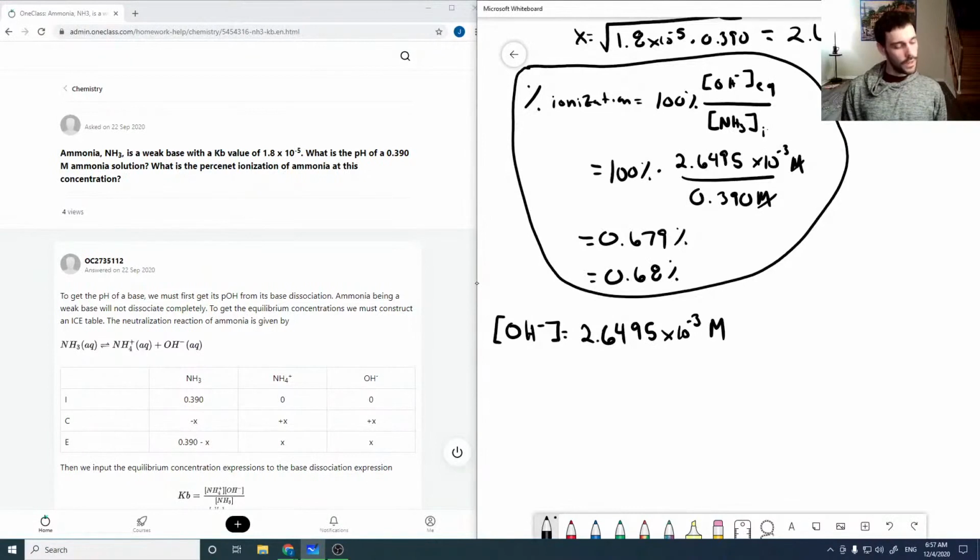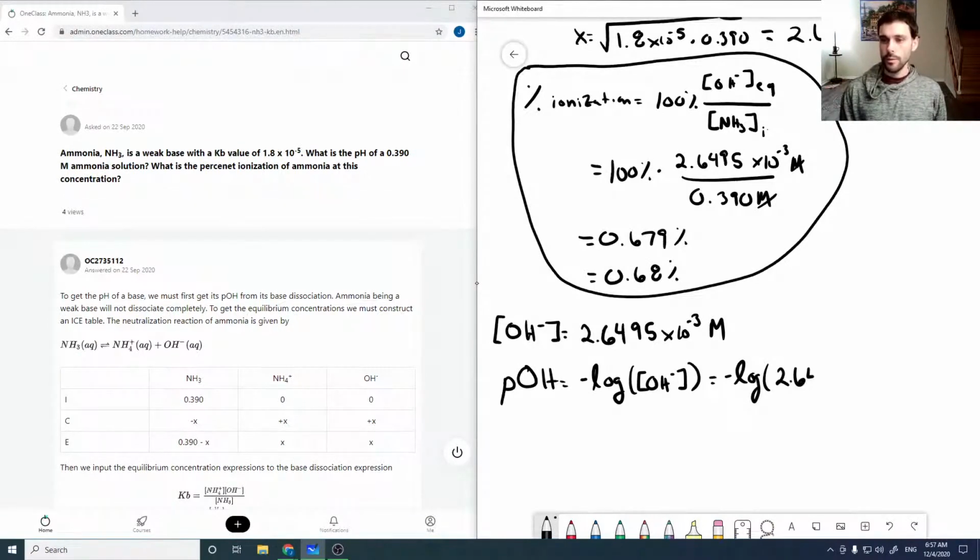So we can solve this a couple ways. So pOH is the negative logarithm of our OH minus concentration, which is the negative logarithm of this value, which is 2.577.